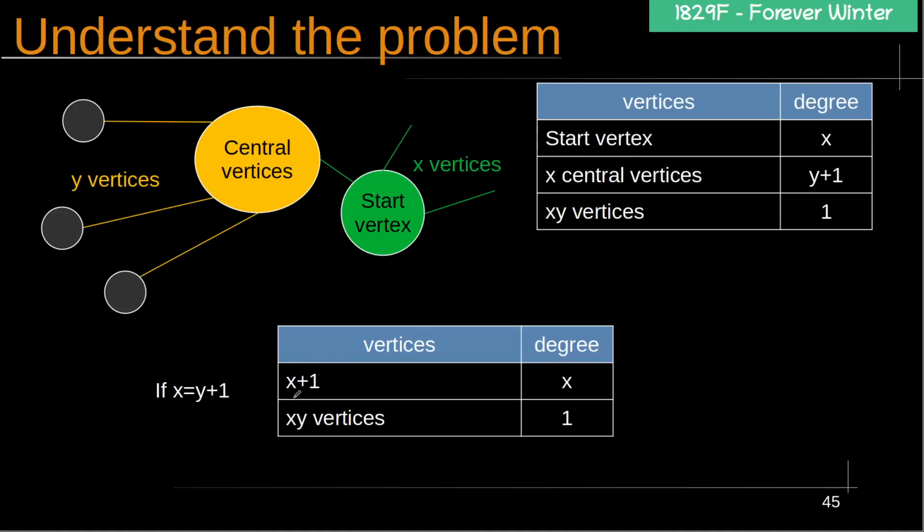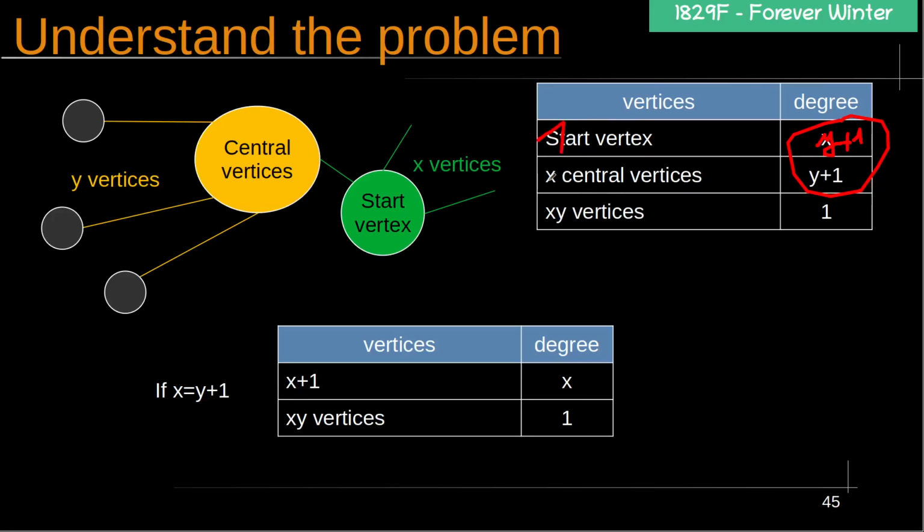If x is equal to y plus 1, we can say that we have x plus 1 vertices of degree x, and the other remain the same, x times y vertices of degree 1. Okay. We can say if x is equal to y plus 1, this table will change. We can put here y plus 1, and we have x plus 1 here because we have 1 vertex.